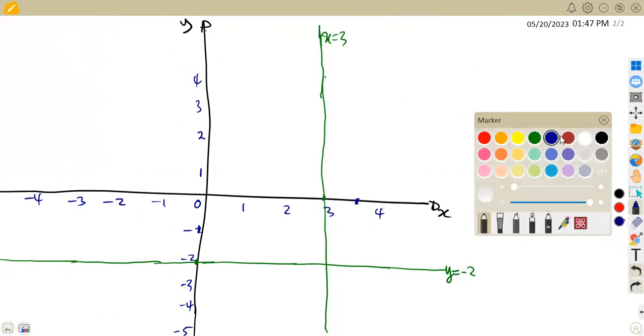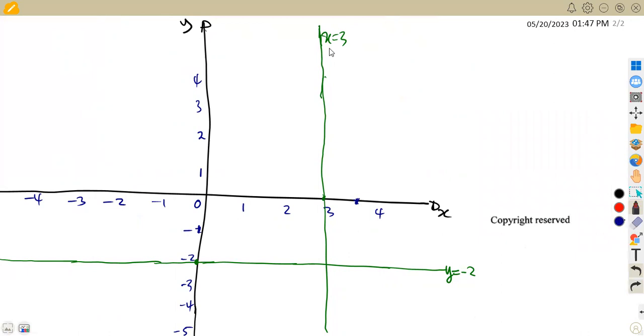As it approaches x is equal to 3, it passes through the x-intercept at this point, and it tends to approach -2, but it will never meet this line. So this is the piece that you're going to have on this side, passing the x-intercept at 7/2 or 3,5.